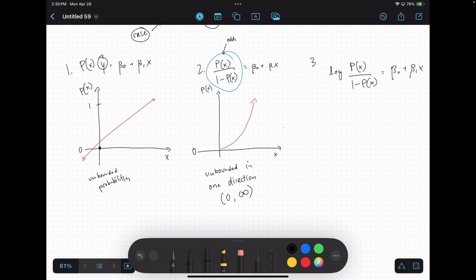And if I plot p of x, then you get something that looks like this: a sigmoidal curve.